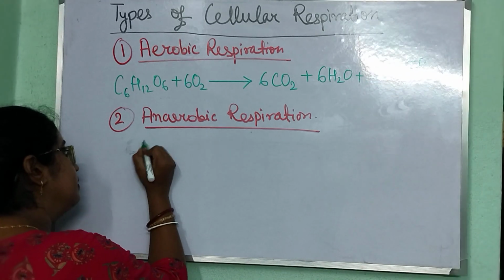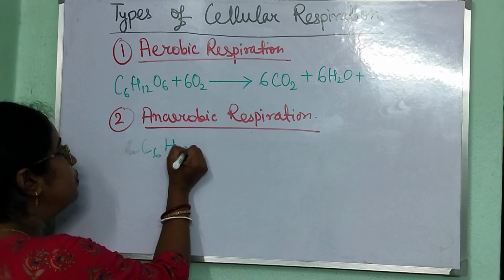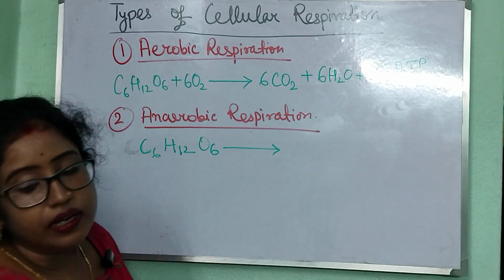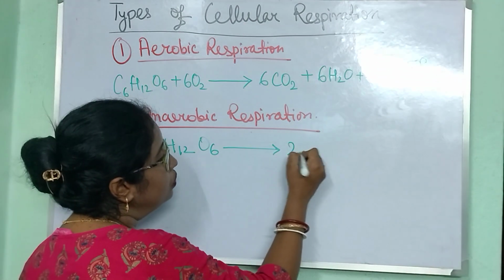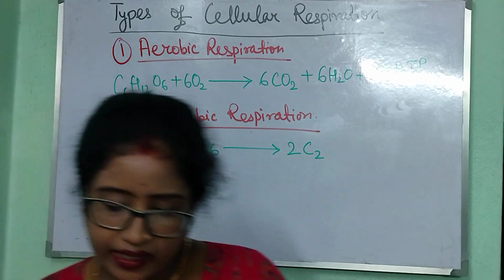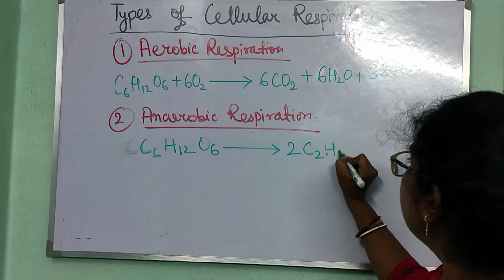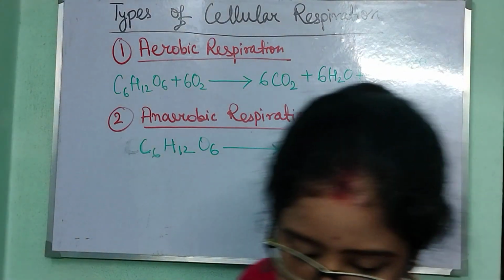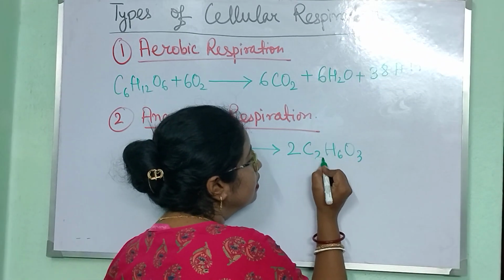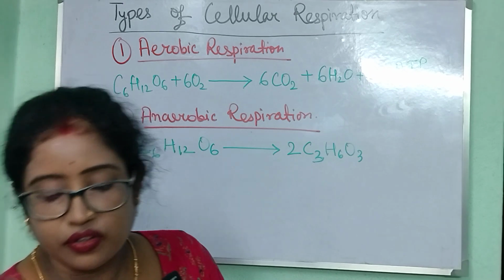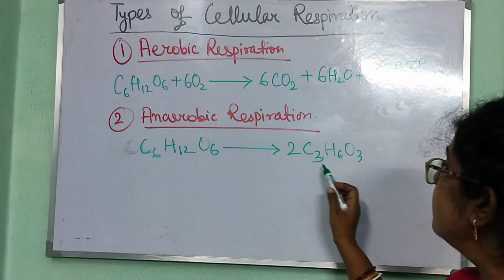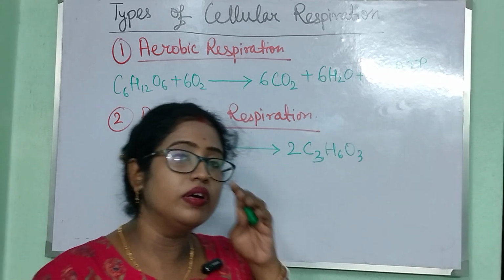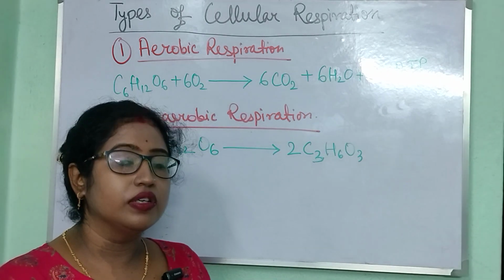The glucose, that is C6H12O6, is transformed into lactic acid. The formula of lactic acid is C3H6O3.